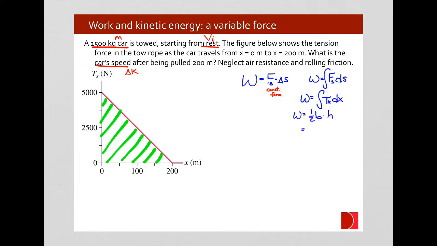In this case, the base is 200 meters, and the height is 500 newtons. And so the work done is 50,000 joules, or 50 kilojoules.